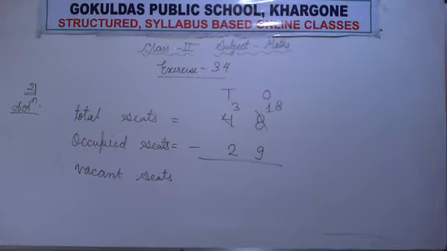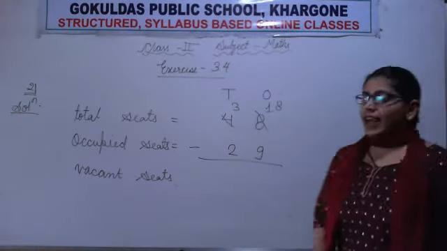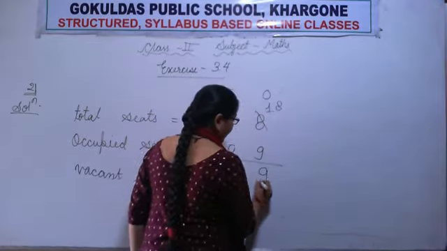So count 9 times backward. First of all, count 18 finger marks. Now count 9 times backward. Now count the remaining finger marks. How many finger marks are left? Very good, 9 finger marks. So we will write the number 9.